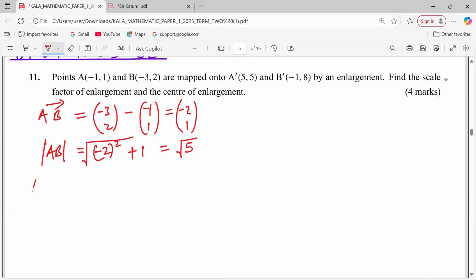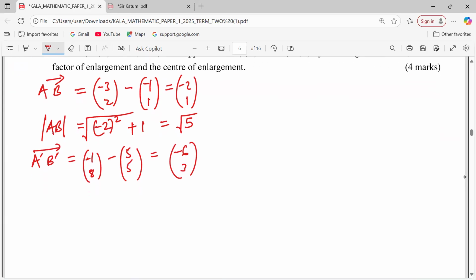What about vector A prime B prime? We need B prime (-1, 8) minus A prime (5, 5). This is going to be -6, and this is going to be +3. 8 minus 5 is 3. The other one is -6.